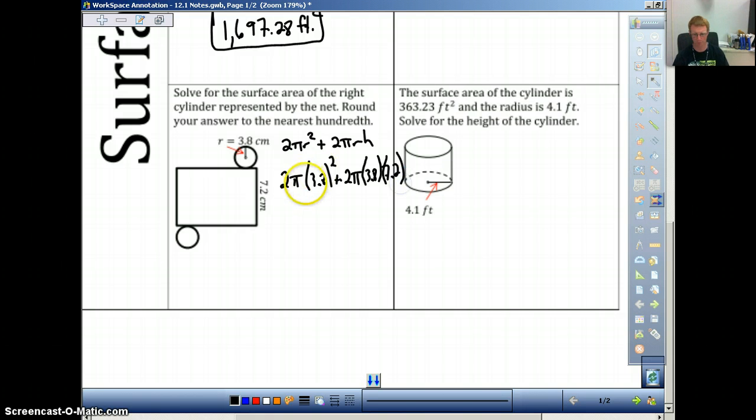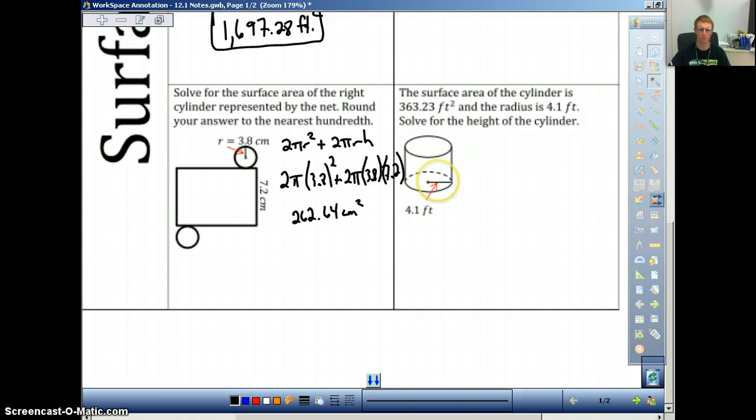That should be pretty easy. Put that into a calculator, and we get approximately 262.64 centimeters squared.